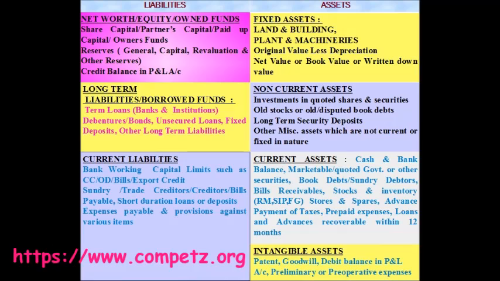Then come intangible assets: patents, goodwill, debit balance in the profit and loss account, and preliminary or pre-operative expenses. So the main headings are liabilities and assets. In assets: fixed assets, non-current assets, current assets and intangible assets.